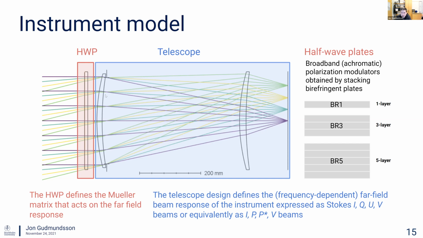Although these are relatively well collimated beams by the time they hit the half-wave plate, they are not well described by plane waves. So in order to arrive at that expression, we needed to rely on the plane wave Mueller matrix description.